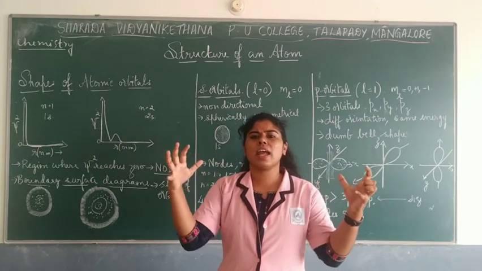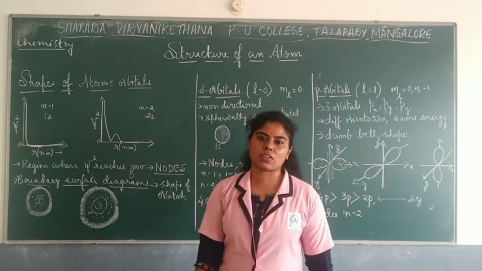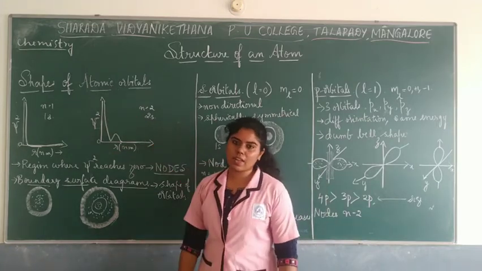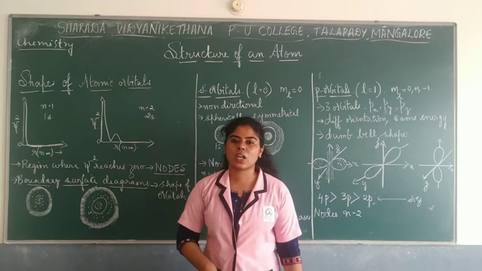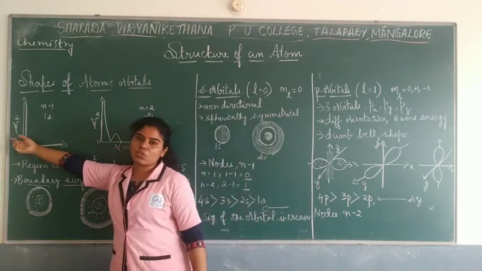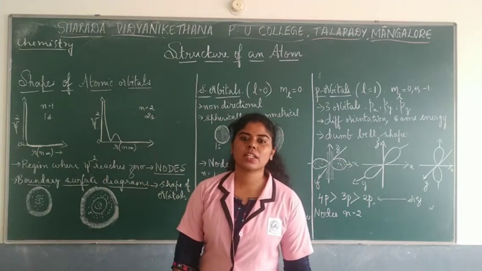What is that dense area where we can find the electron? Depending on the Schrodinger wave equation, which is H psi equal to E psi, we get to know the probability density, which is nothing but psi square.